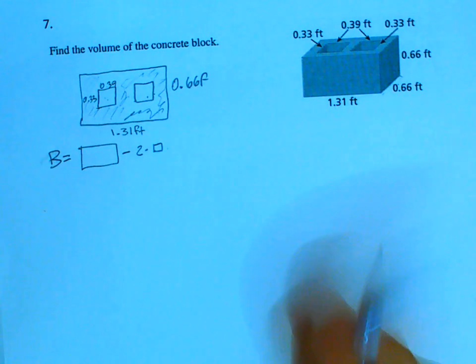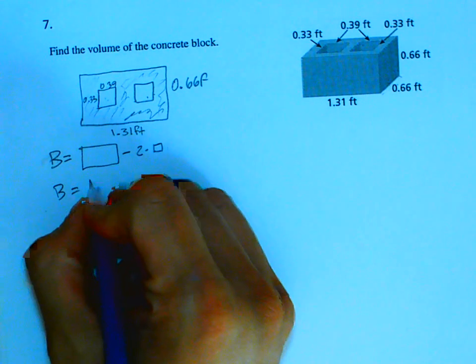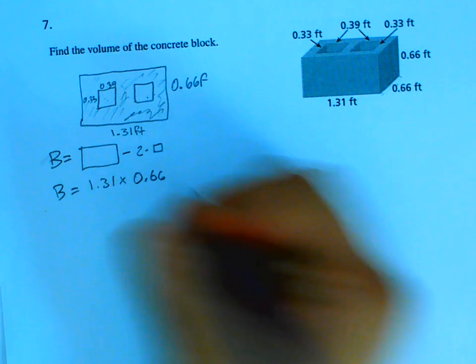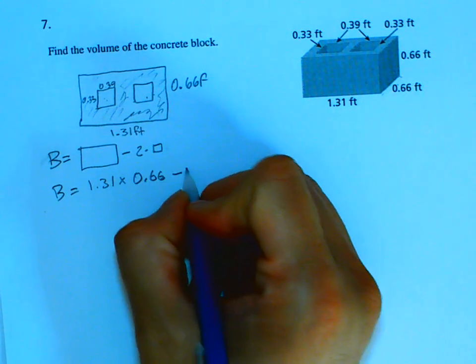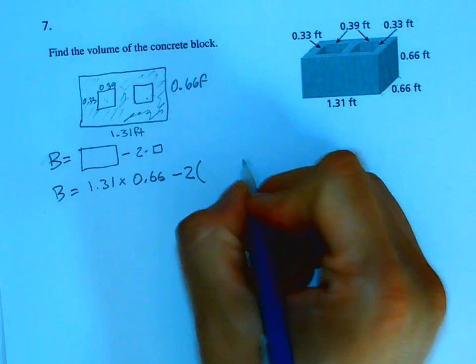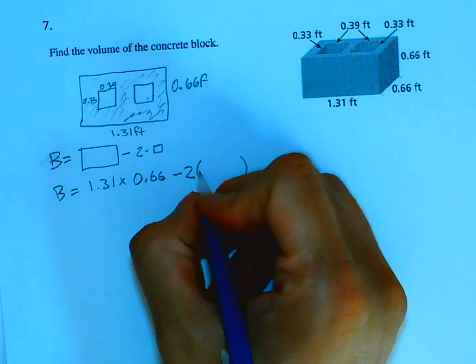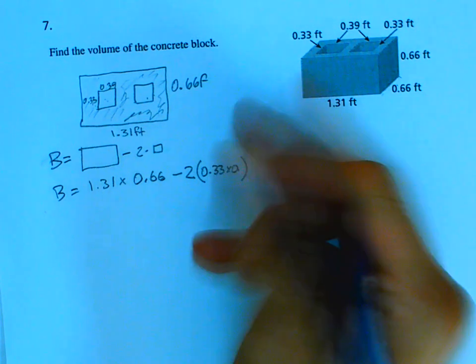That's what we're trying to do. Now the area of the whole rectangle is 1.31 multiplied by 0.66 minus 2 times the area of this small rectangle. That's 0.33 times 0.39.